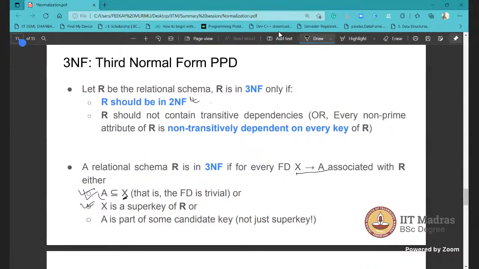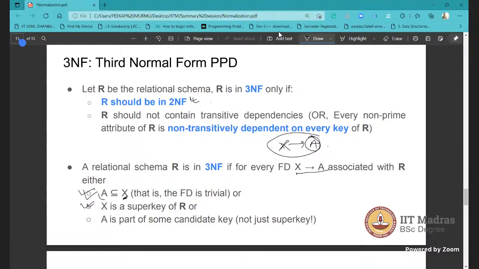So for a functional dependency like X to A, if this functional dependency is trivial, then we can say this is in third normal form. If X is a super key, then we can say this is in third normal form, or maybe A is a prime attribute, right?